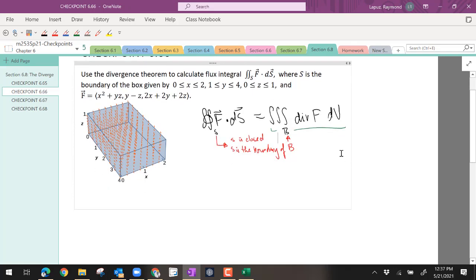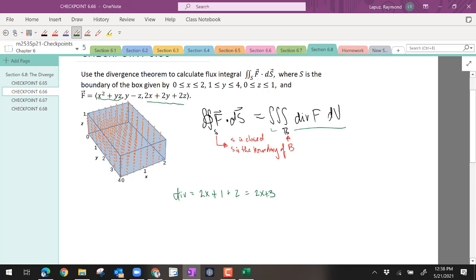So let's find the div of F. The div is equal to the derivative of the first component with respect to x, that's 2x, plus the derivative of the second component with respect to y, which is 1, plus the derivative of the third component with respect to z, which is 2. It looks like the div is going to be 2x plus 3.